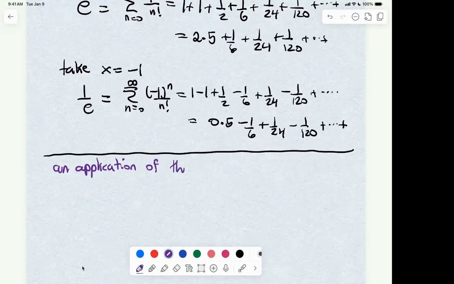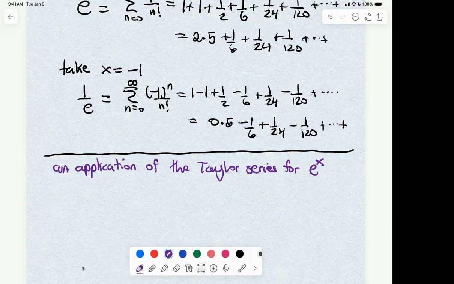The Taylor series for e to the x. Oh, sorry, yes. So it was used to approximate.